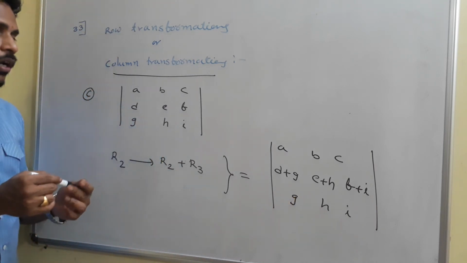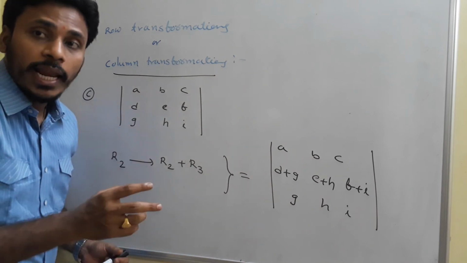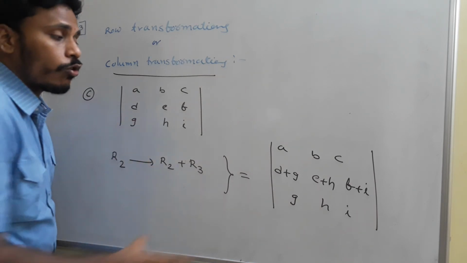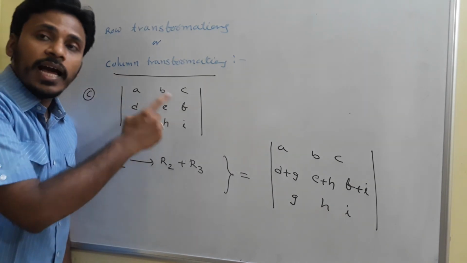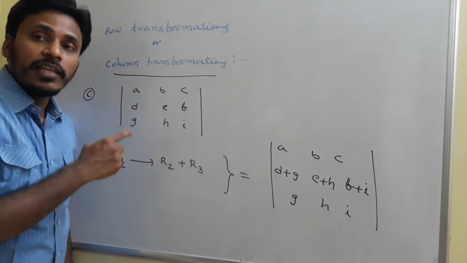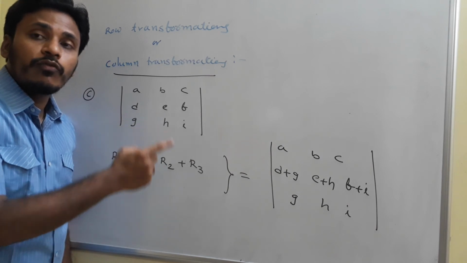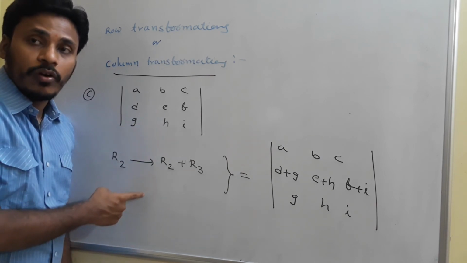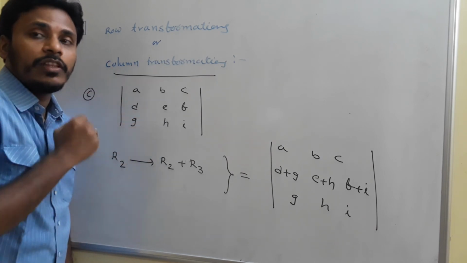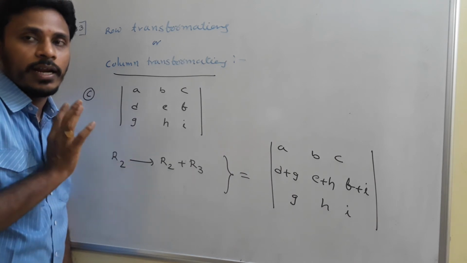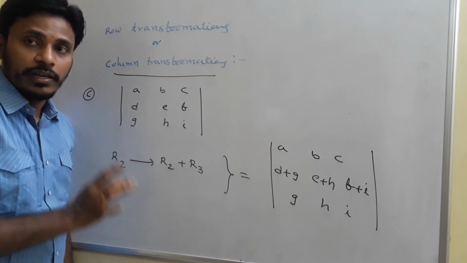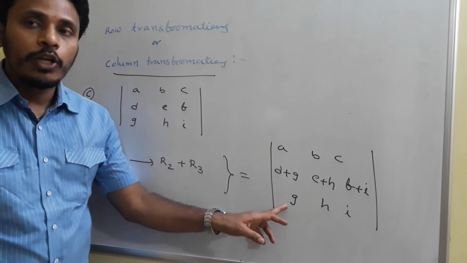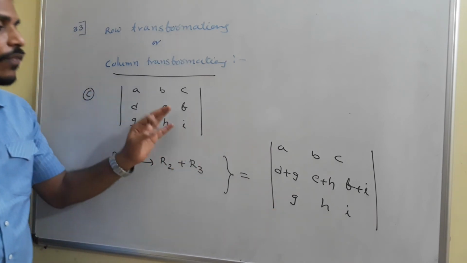Then by the properties of determinants, we need to analyze the determinant values of this new determinant as well as the given determinant, whether they are equal or not. If there is any difference, how the newly formed determinant is affected by this row transformation when compared with the old determinant, that's what we need to analyze. As we discussed in the fifth property of the determinant, this determinant value is simply equal to the given determinant.